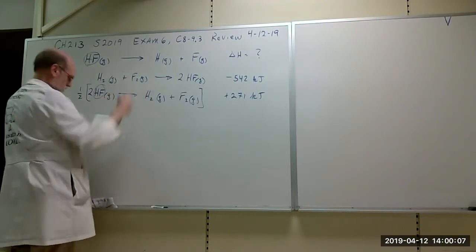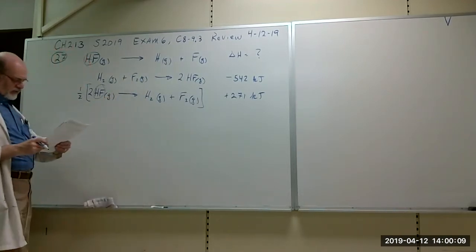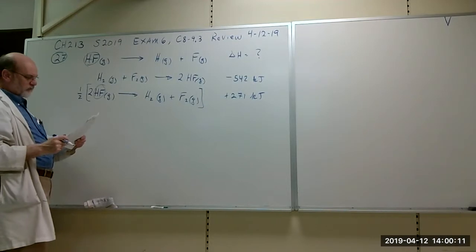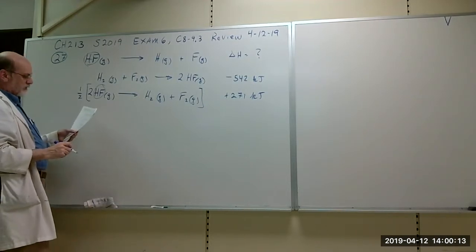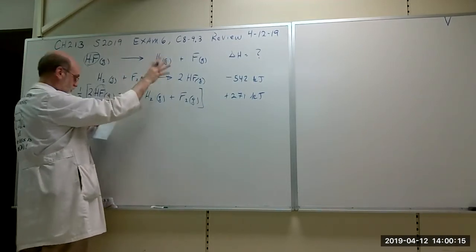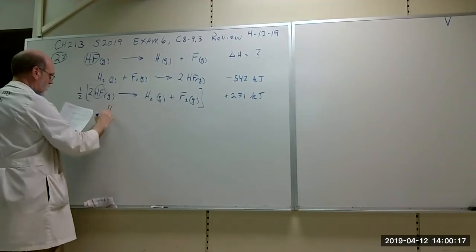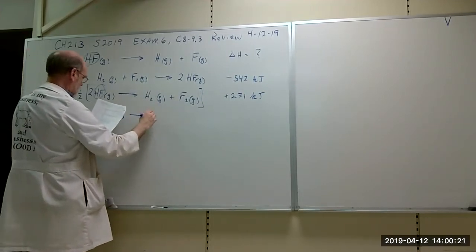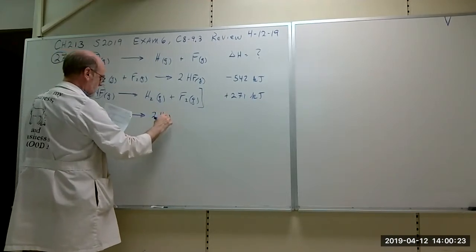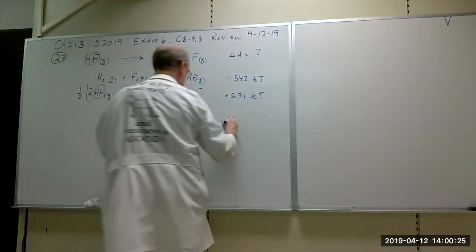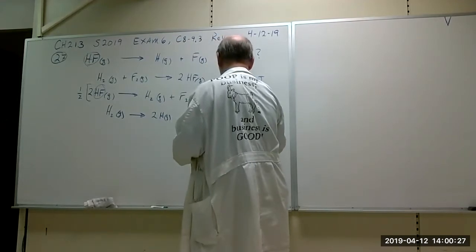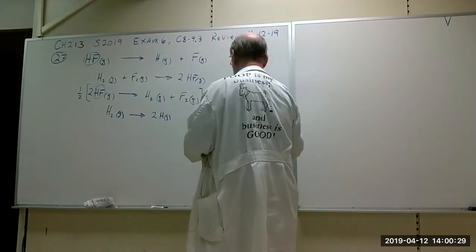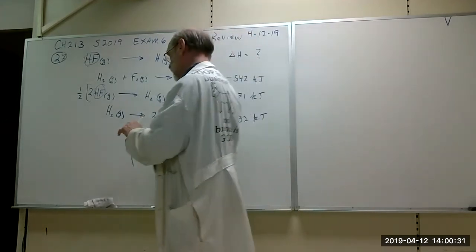Now, how about this one? The next one is H2 gas yields 2H gas, and that's plus 432. That one's going to be the same sign because we're not going to flip it.